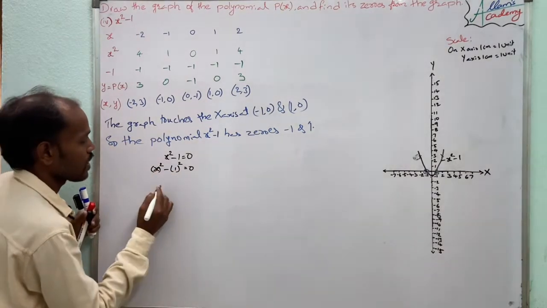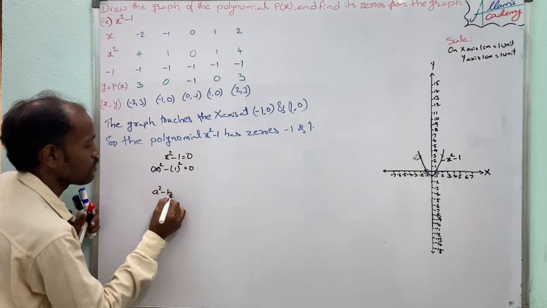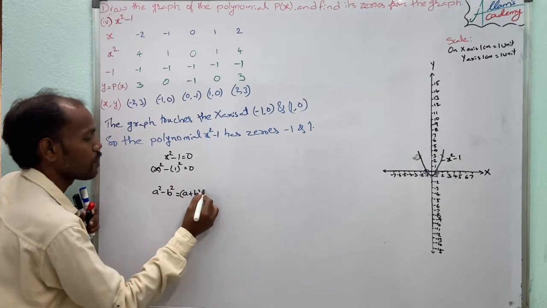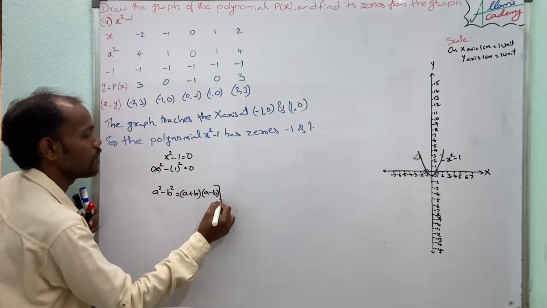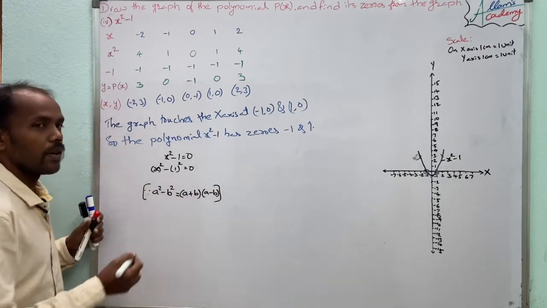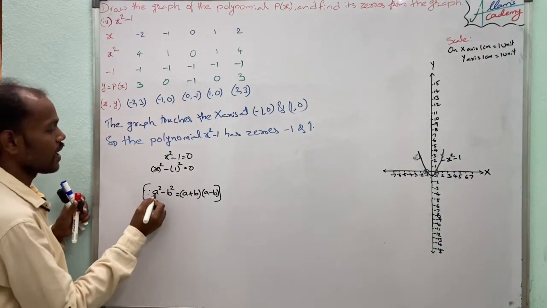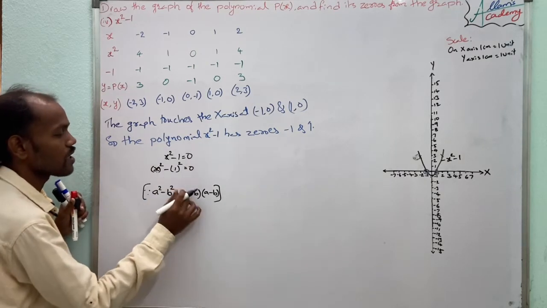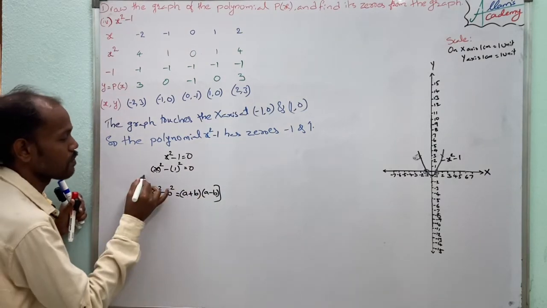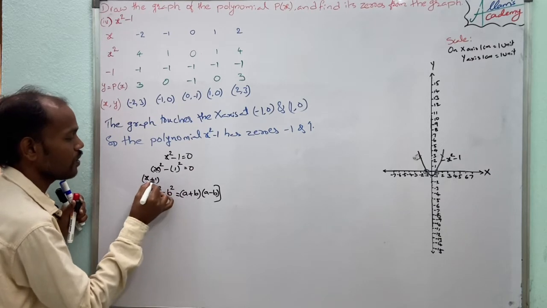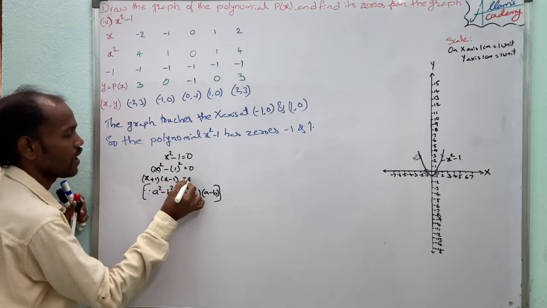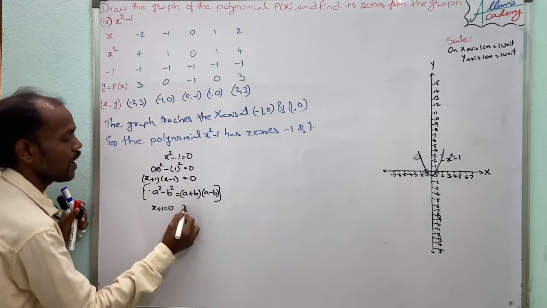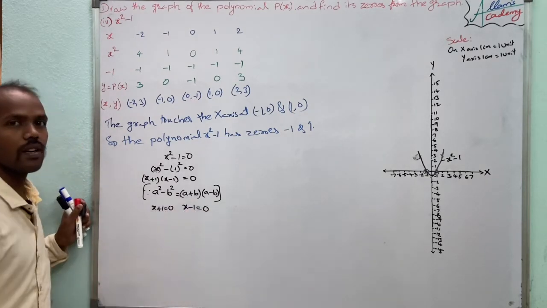So now it is in the form of a square minus b square, which we already know equals (a plus b) into (a minus b). Here a is x and b is 1. So we can split it as (x plus 1) into (x minus 1) equal to 0. So either x plus 1 equal to 0, otherwise x minus 1 equal to 0.